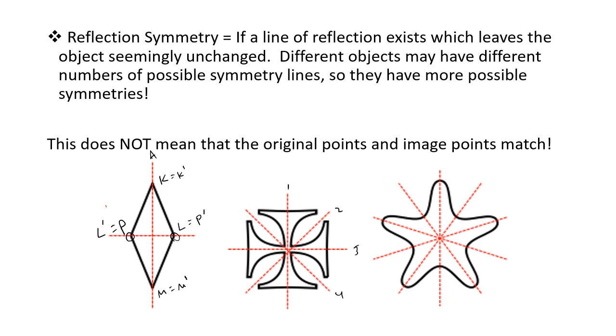And 4 and 8 are the same line. So this shape only has 4 lines of symmetry, even though there are 8 spokes sticking out from the center. The same thing is true here. This has 5 lines of symmetry, even though there are 10 lines poking out from the center. So these all have reflection symmetries.